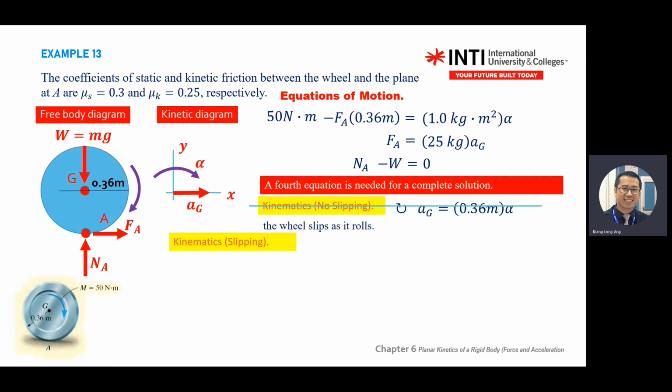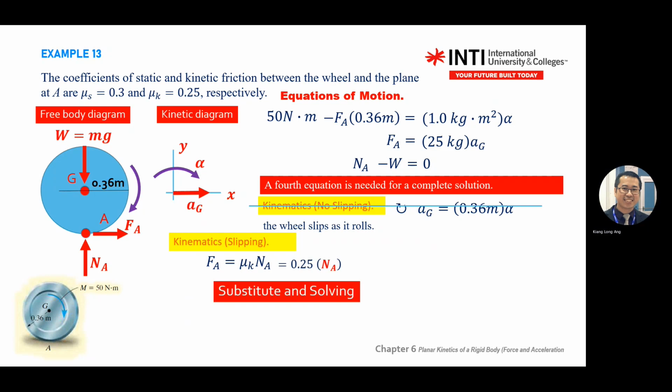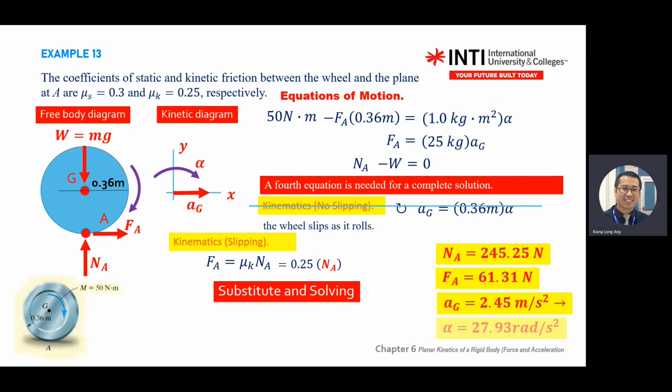So the wheel will slip as it rolls. So when it's slipping, you need to use the kinetic coefficient. So you need to restart your calculation, FA equals mu K NA, and then you substitute back over here. Then redo the calculation. Okay, so you have a new set of answers.